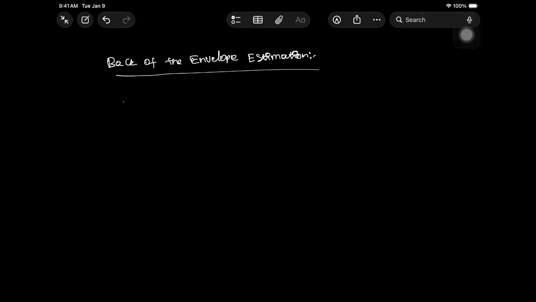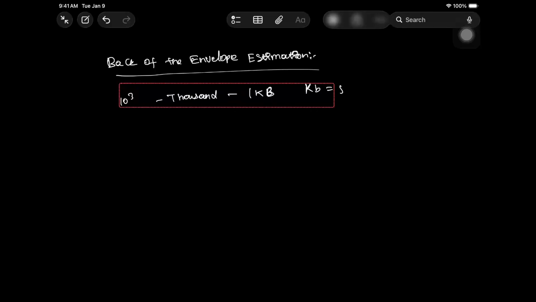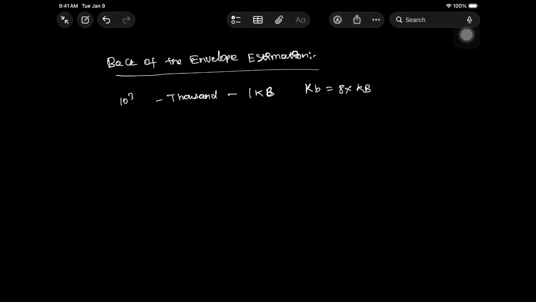For example, 10 to the power 3 would be 1000, that can be represented as 1 KB. Remember KB, which with a capital B means 8 into KB. Similarly, 1 MB, 1 GB.